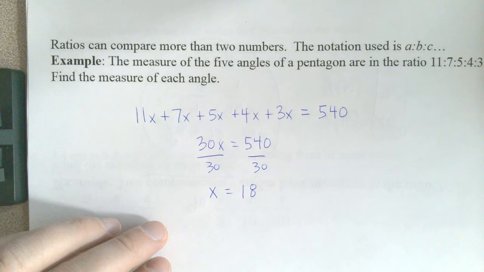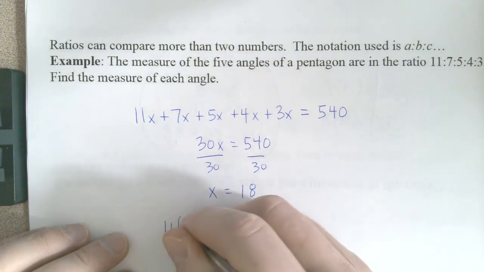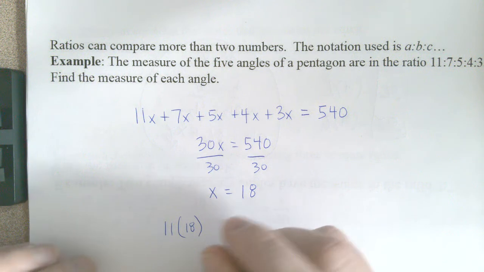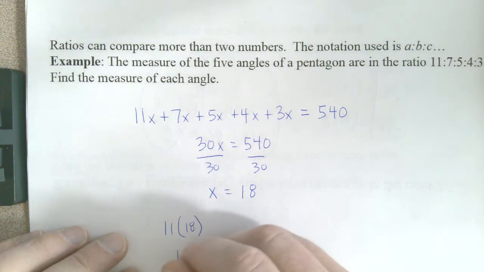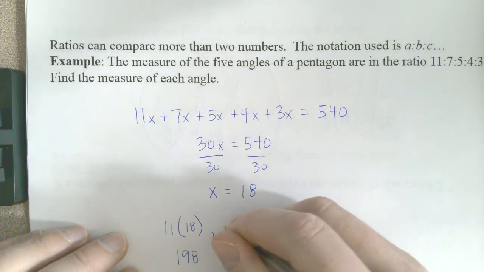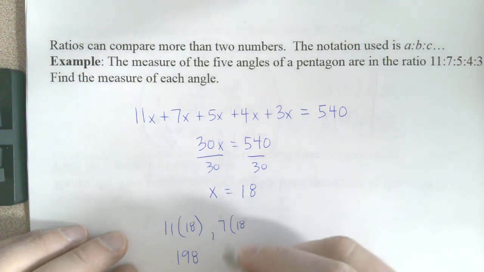Then we're going to take 18 and plug it in for x. So 11 times 18. Hopefully you got 198. And you do 7 times 18, and that should have gotten you 126.